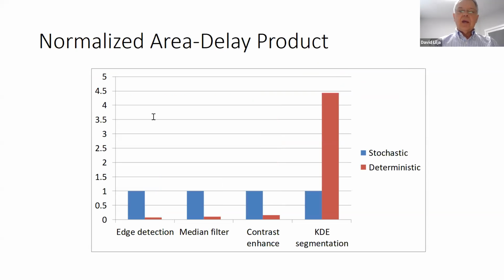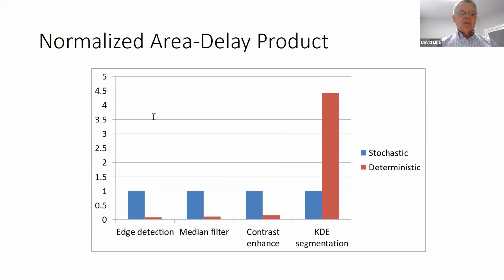If I look at the normalized area delay product, however, I see that the image edge detection, median filter, contrast enhancement, those are much, much less expensive in terms of area delay product than the stochastic implementation. The kernel density estimation, this image differencing, that still wins by a factor of 4.5 for the area delay product.